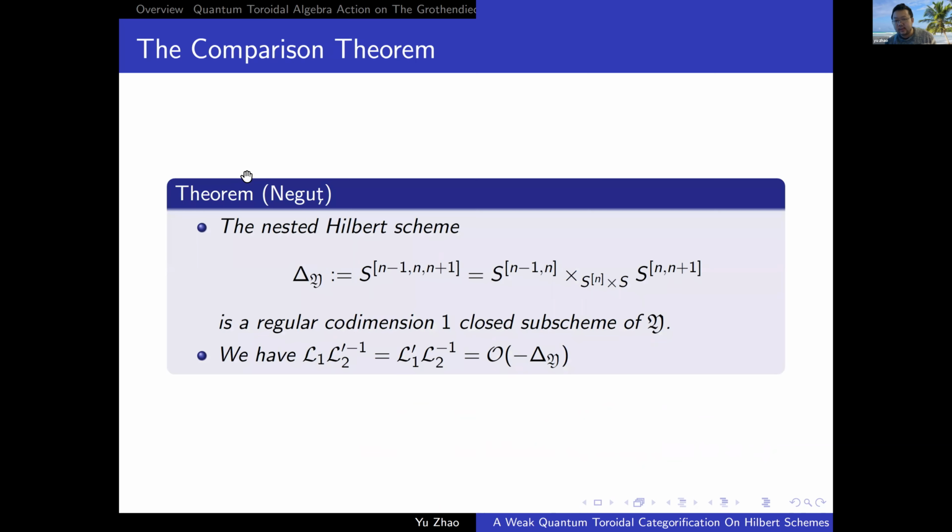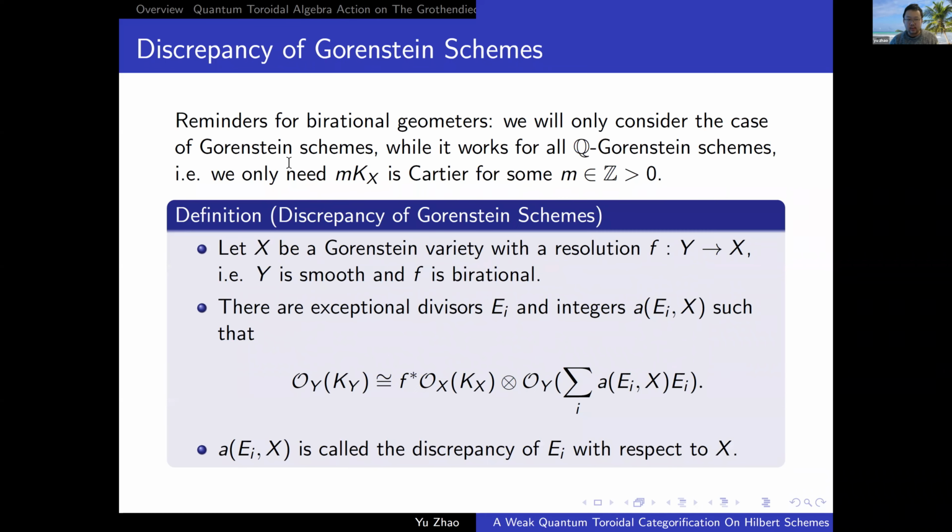So how do we deal with this geometric picture? In order to do this, we need to use some singularity theory of the minimal model program. The key concept here is what birational geometers call the discrepancy. Let me first ask: do we have birational geometers in our talk today?